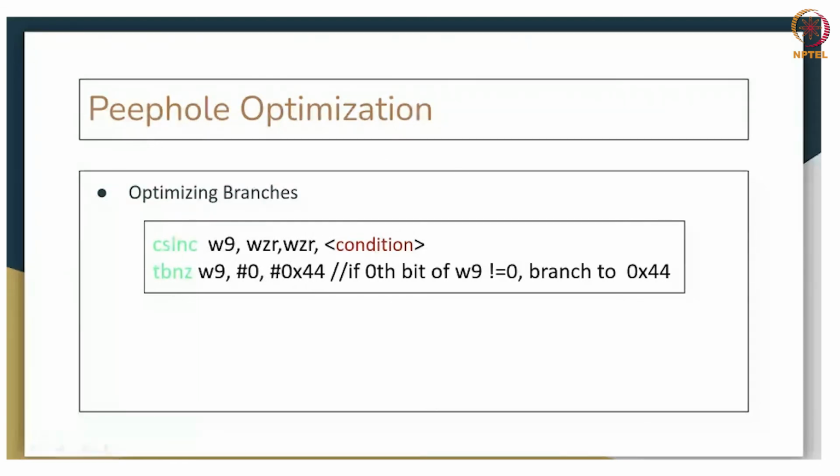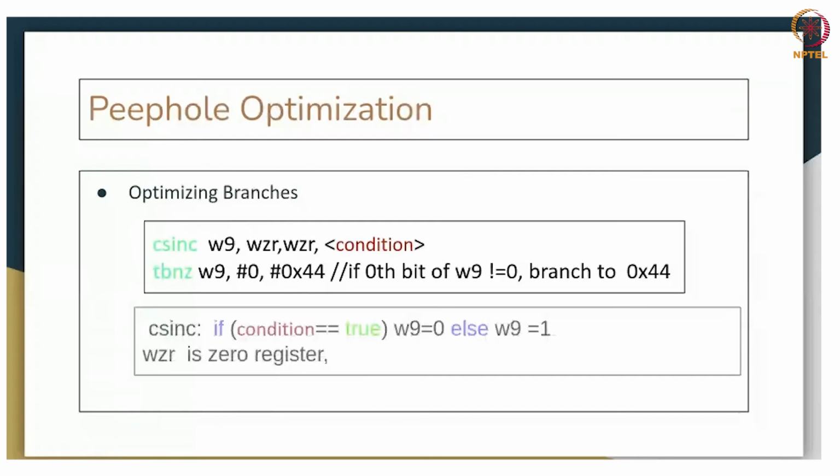You can look for harder instructions available in AArch64 so that it can be converted to one instruction. So CSINC: if the condition is true, W9 is 0, else W9 is 1. WZR is the zero register.